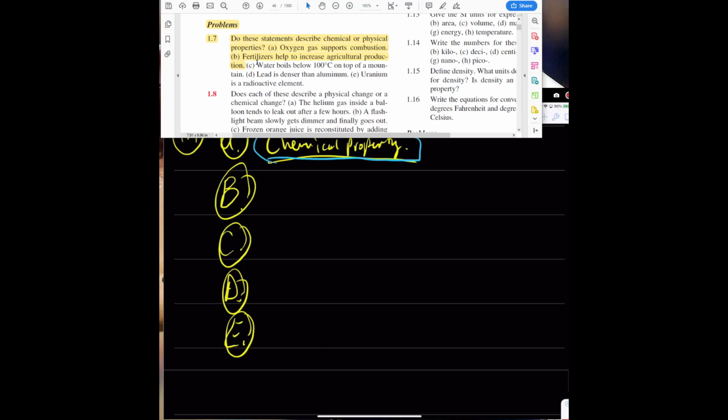We're doing fertilizers plus whatever seeds that we have, and then it's being converted into a totally different product. So it would be a chemical property.